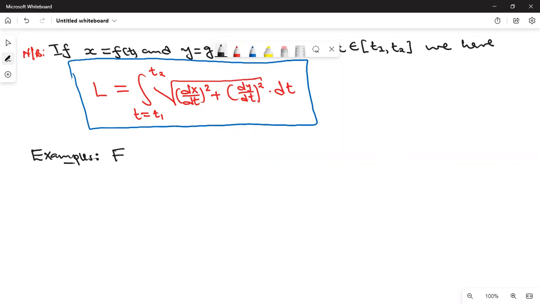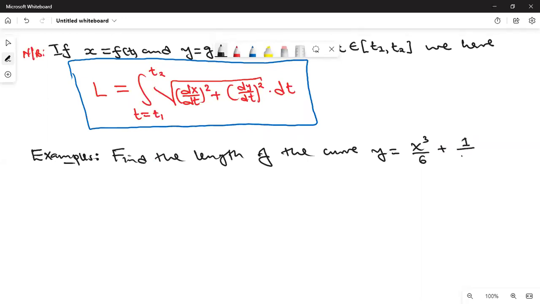Find the length of the curve y is equals to x cubed over 6 plus 1 over 2x from x is equals to 1 to x is equals to 2.